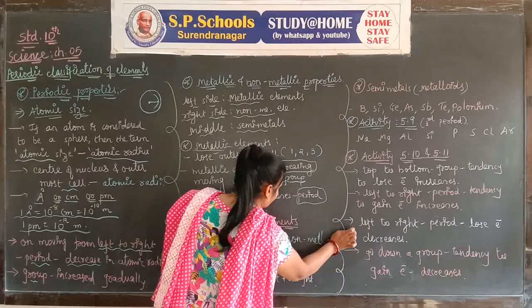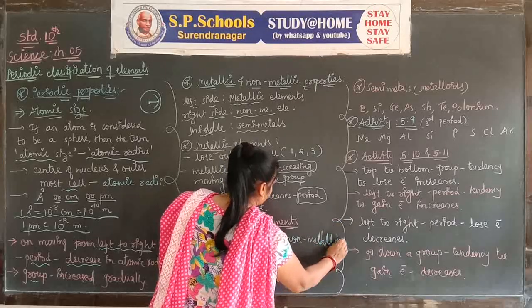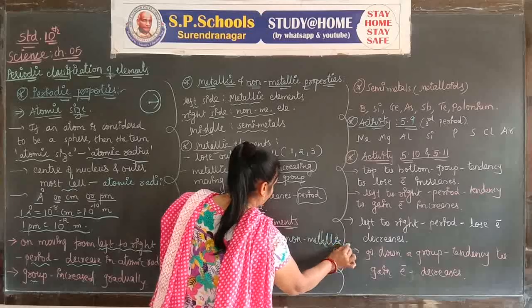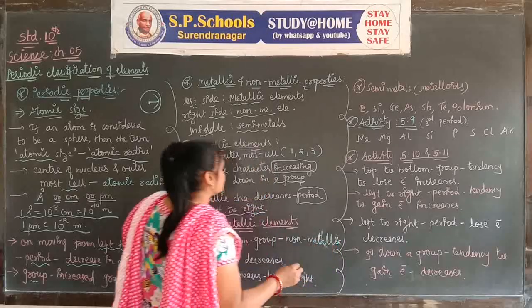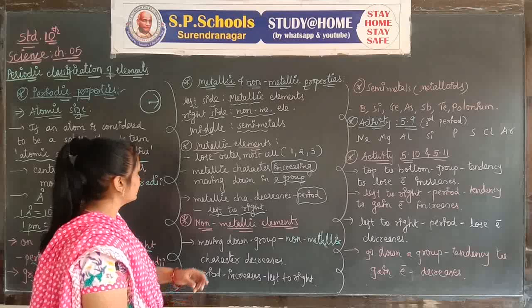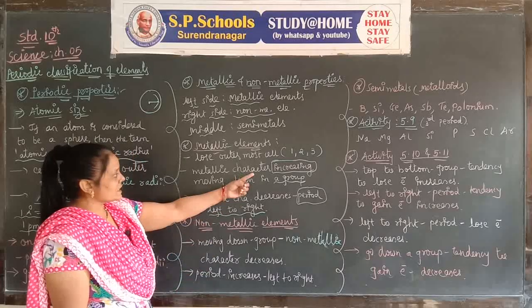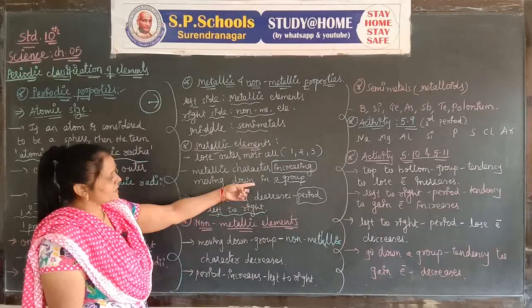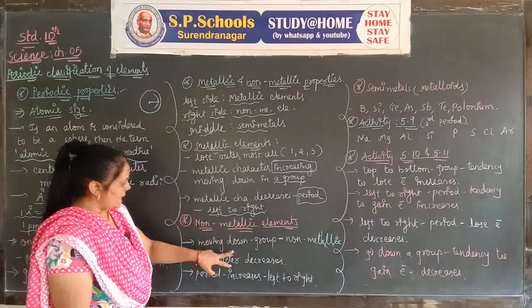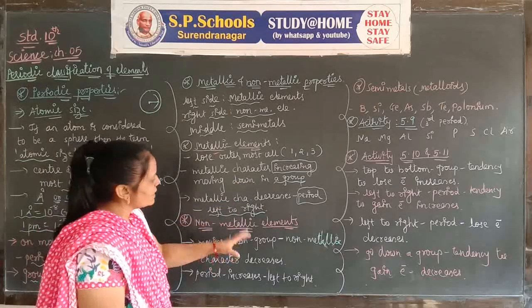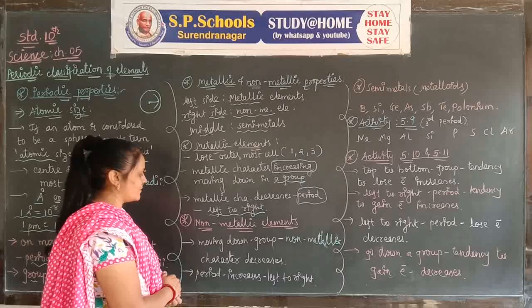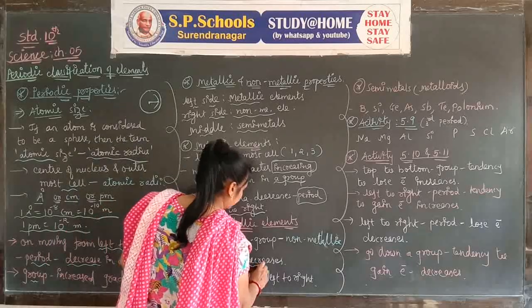Non-metallic character will decrease. In vice versa, metallic character increases when we move down in a group. When we move down in a group, non-metallic character decreases.